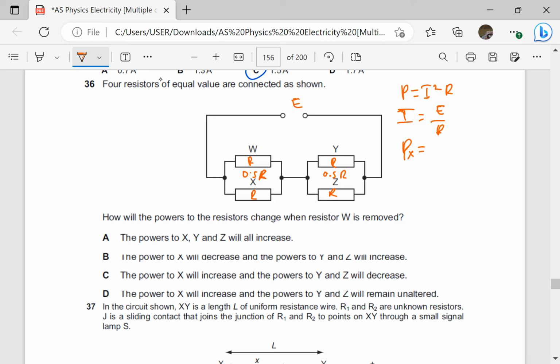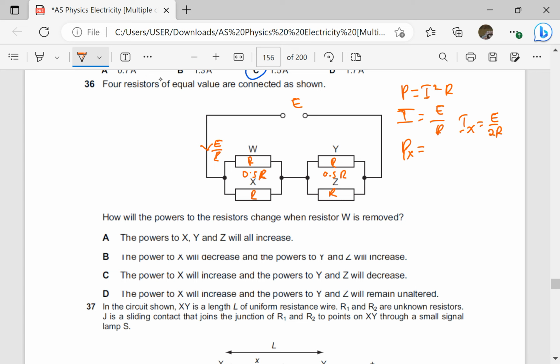Note that this current E over R is divided equally because they are identical. So the total current is E over R, and X takes a half of that. So the current in X is going to be E divided by 2R.